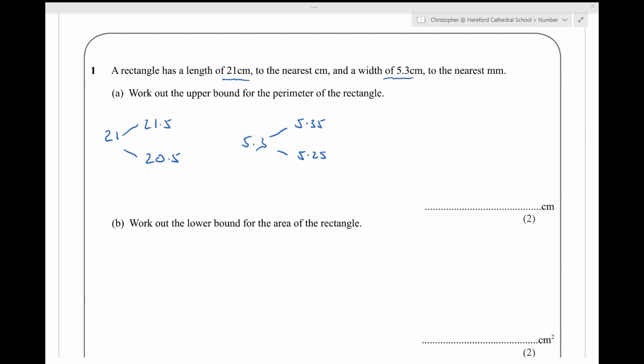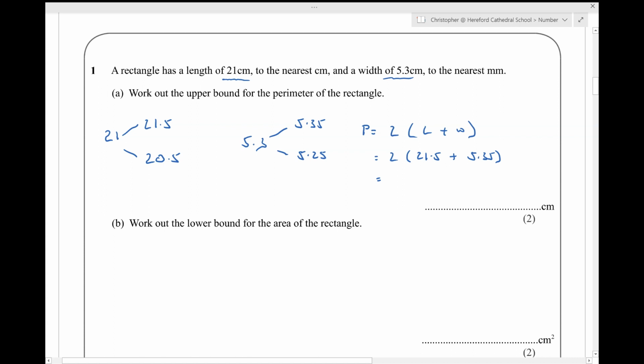Well, the perimeter of the rectangle is going to be the length plus the width, plus the length plus the width, or twice the length plus the width. So twice length plus width. And if I want the upper bound, I'll use the upper bound for the length, 21.5, and the upper bound for the width, 5.35.